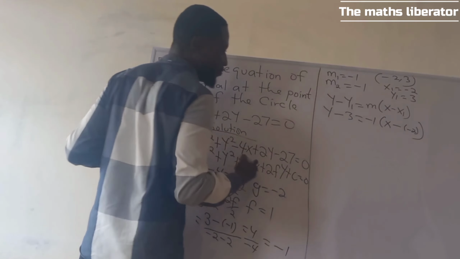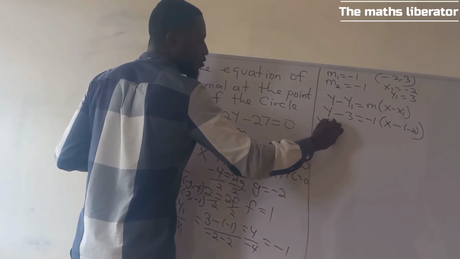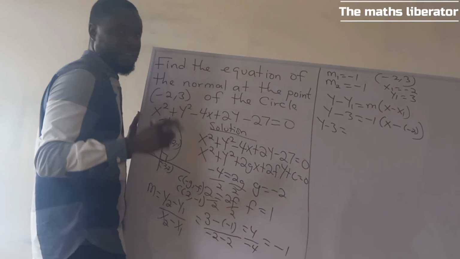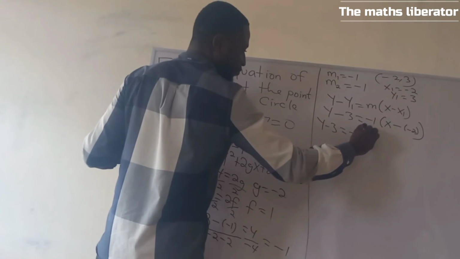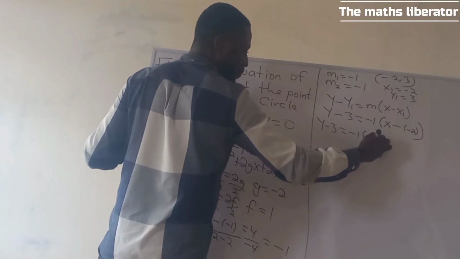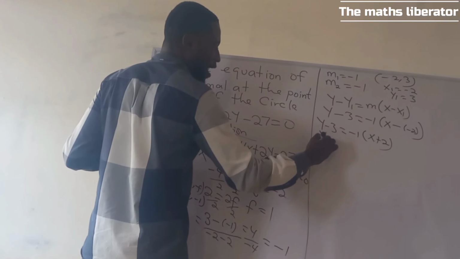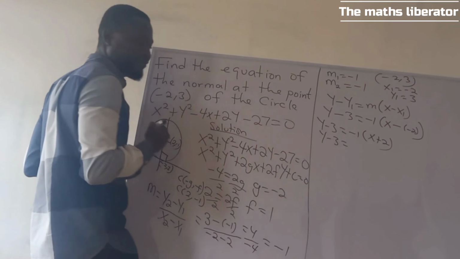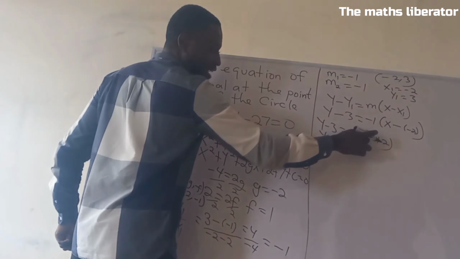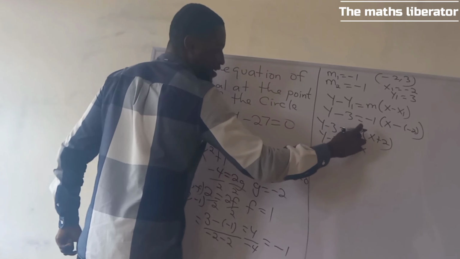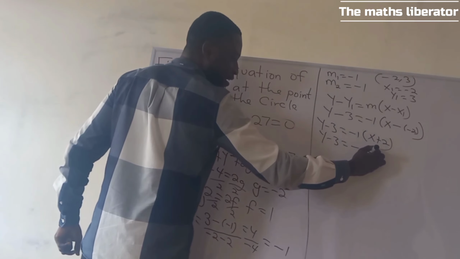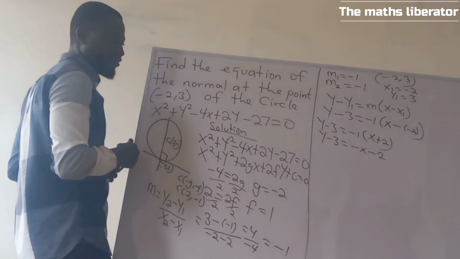So y minus 3 equals -1 times x plus 2. So y minus 3 equals -1 times x, we expand, -1 times +2 is -2.